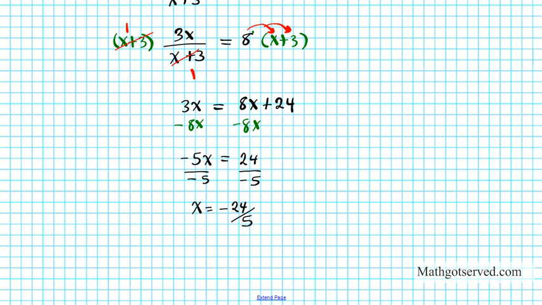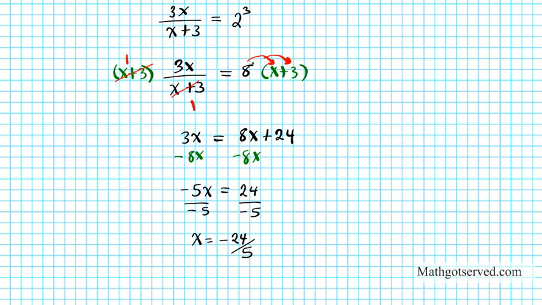Now that we have a negative solution, we have to be really careful to check to make sure that this answer is correct. I can't box it yet. So let's do a test. We're going to test x equals negative 24 over 5.